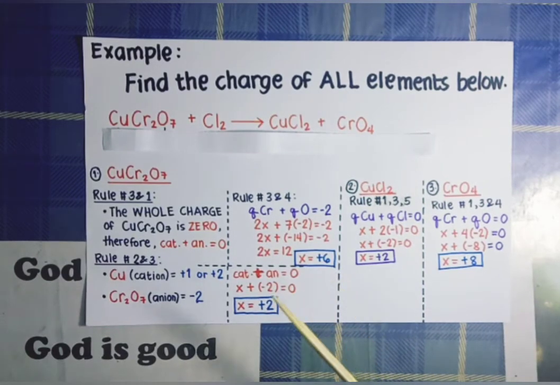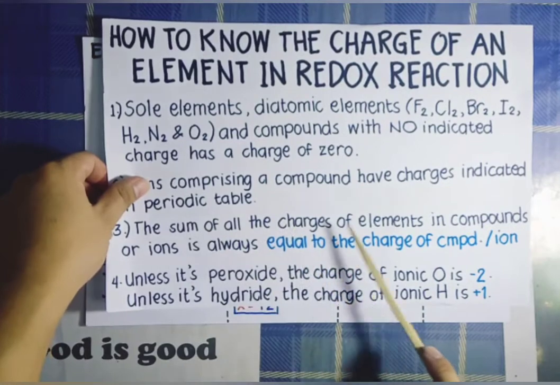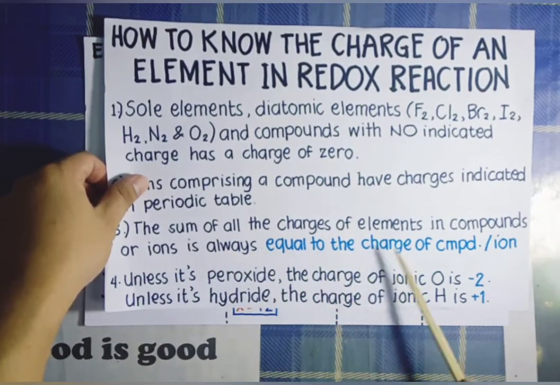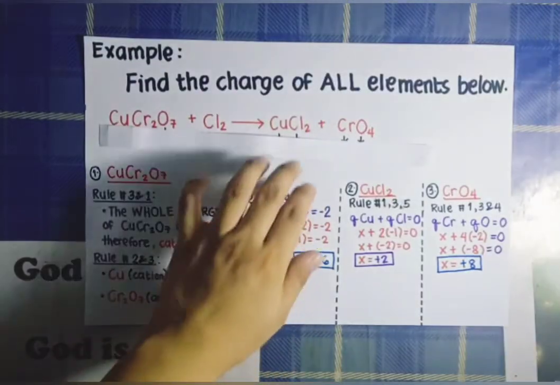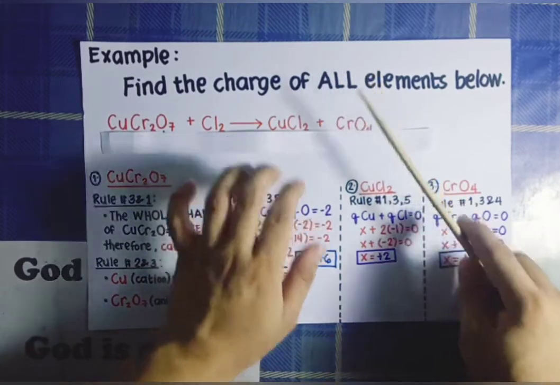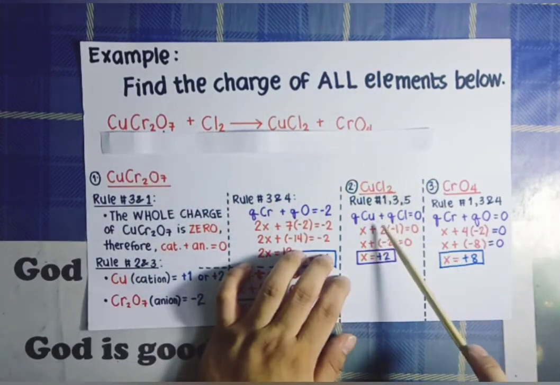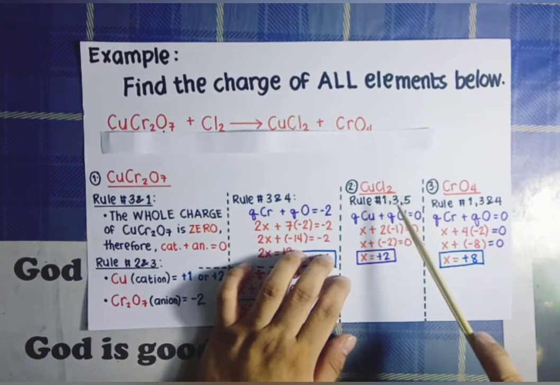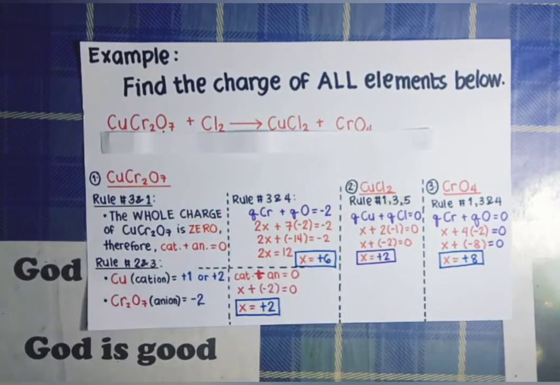Using rule number 3, which states that the sum of all the charges of elements in compounds or ions is always equal to the charge of the compound or ion: in this case, the charge of the whole compound according to rule number 1 is 0, and therefore the charge of copper plus the charge of chlorine should be equal to 0. 0 is the charge of the whole CuCl2 compound.